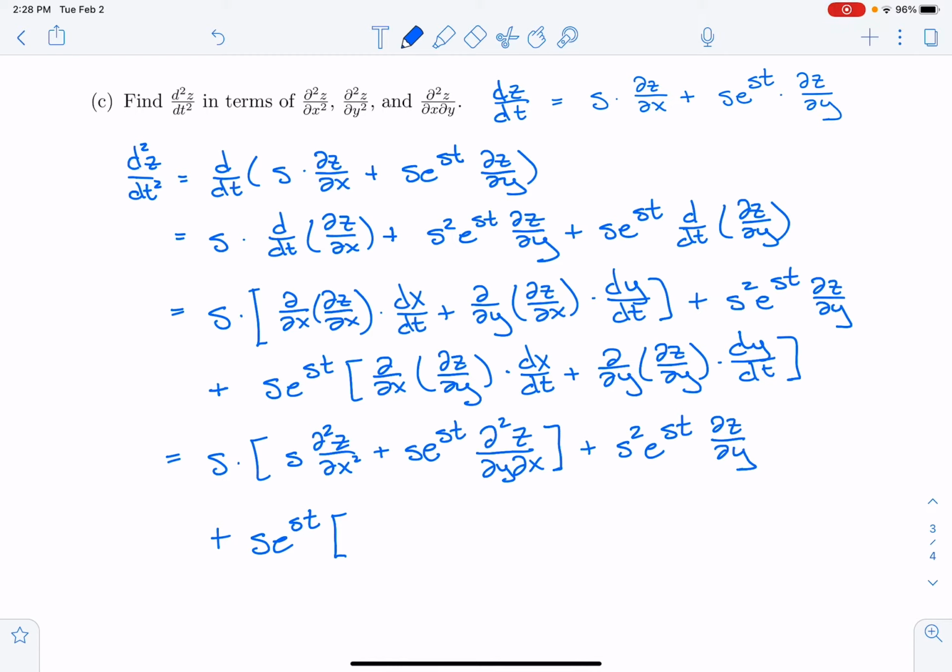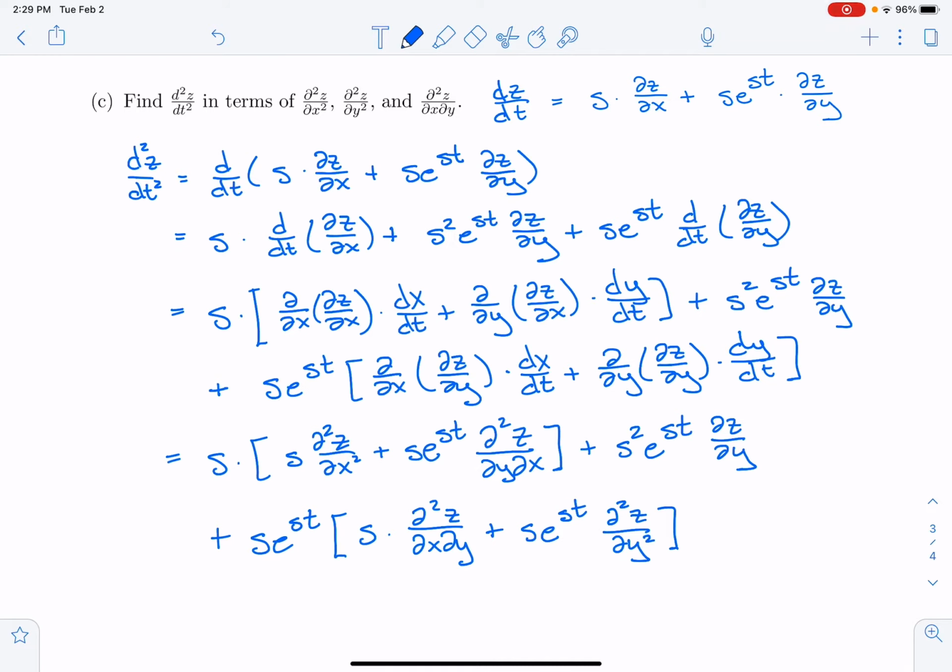So dx dt is s times, let's see, d squared z dx dy plus, and then dy dt is s e to the st, and then we have d squared z dy squared.